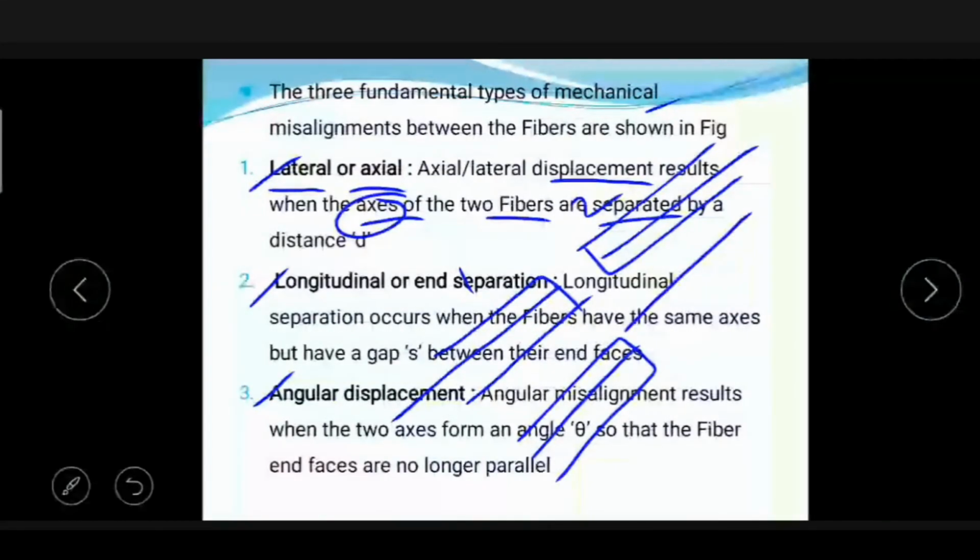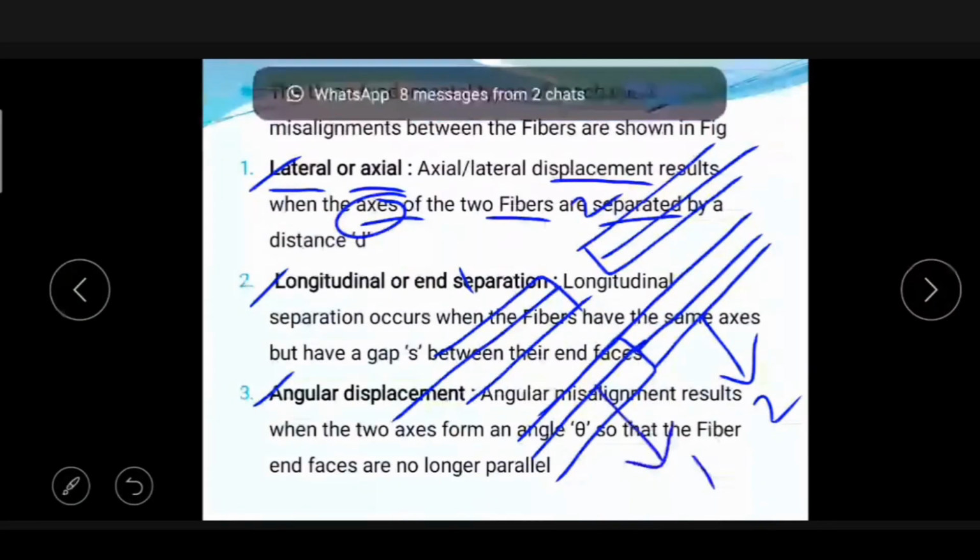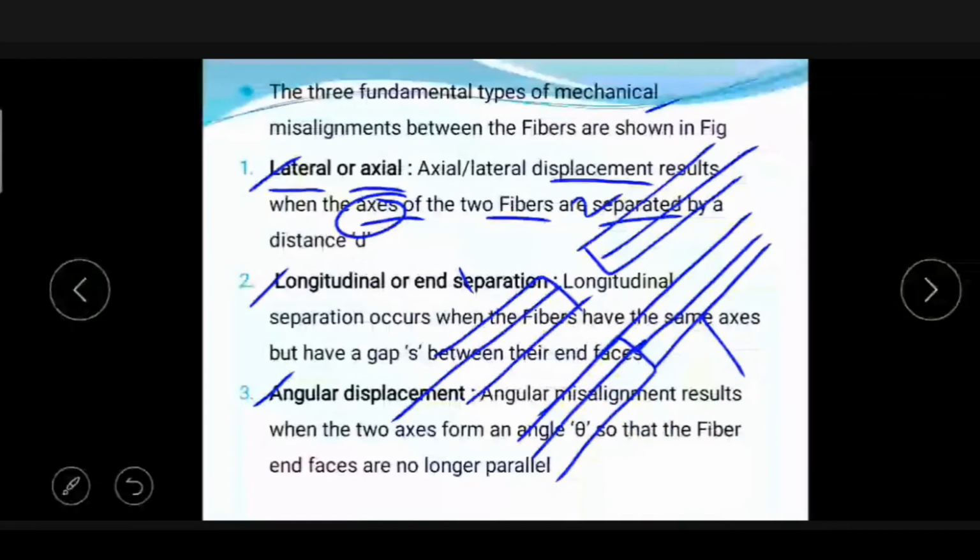For example, if two fibers are joined, actually this should be the fiber axis. So this is the axis of the second fiber, this is the axis of the first fiber. But this may be the axis and this may be the fiber.